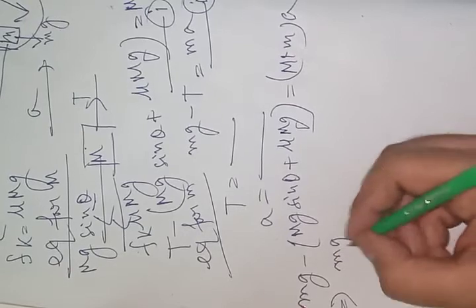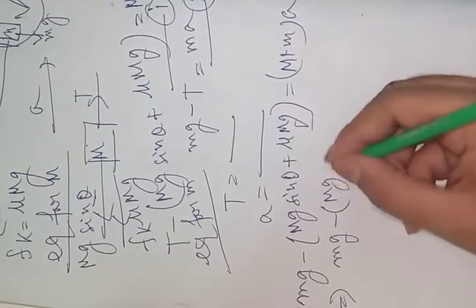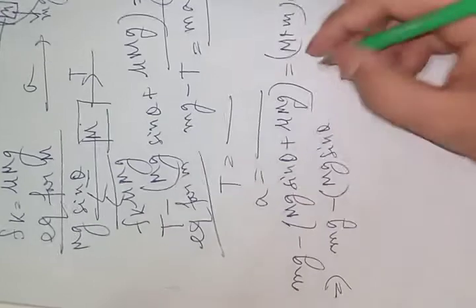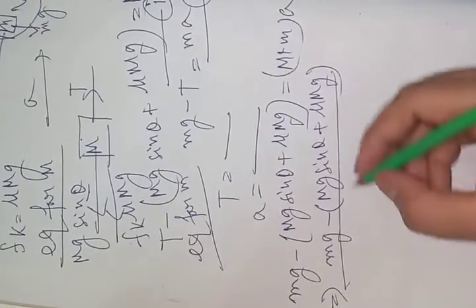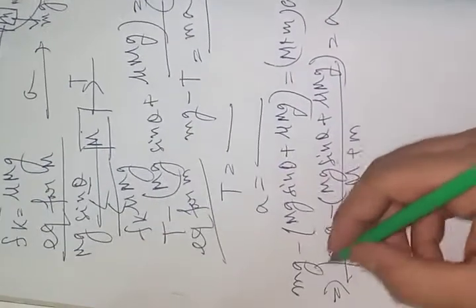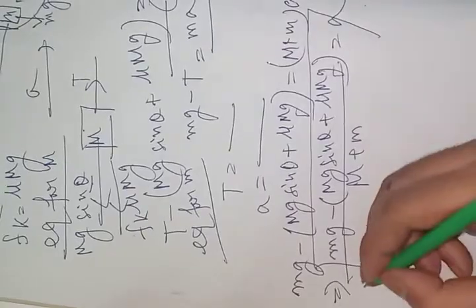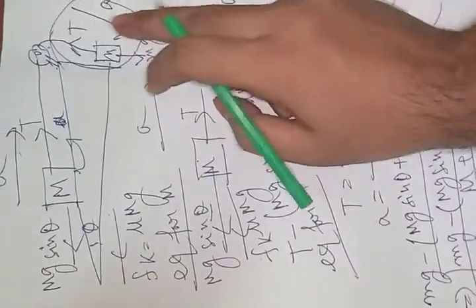So (mg minus Mg sine theta plus mu Mg) divided by (M plus m) equals the acceleration. This is the acceleration, guys, with which the two blocks will move. This is going downwards, this is going upwards.